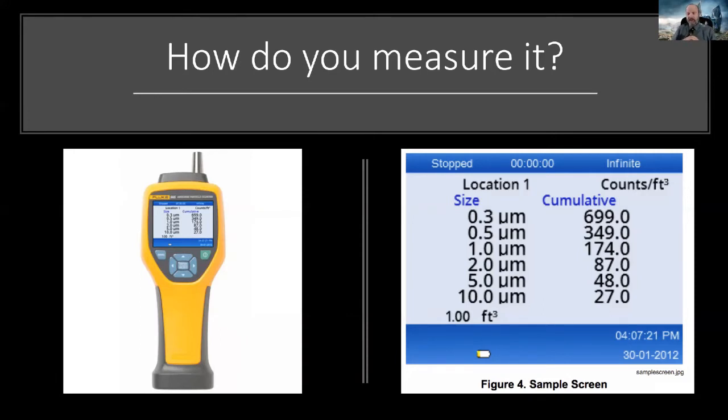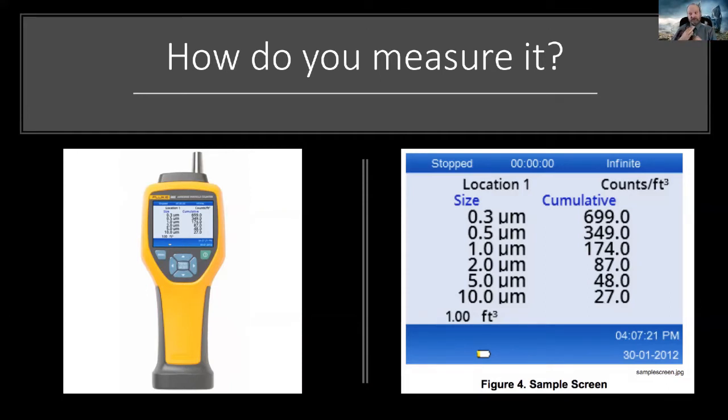The basic idea is if you run a laser beam through an air sample, particles will scatter light off of it. Then if you look at a right angle, or at some angle to that laser beam coming in, and you see a flash of light, that means it reflected off of a particle.